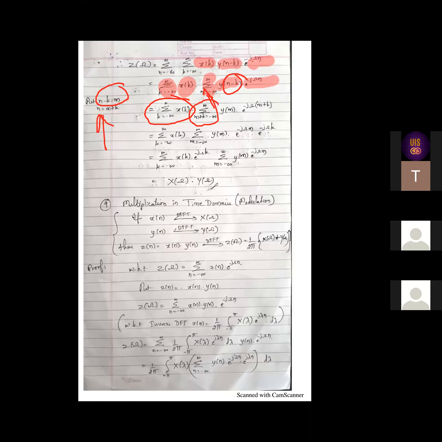The summation range is for m plus k, from minus to plus infinity, and y of m, because n minus k I have substituted as m, and the exponential term e raised to minus j omega n, where n is m plus k. Just simple substitution.